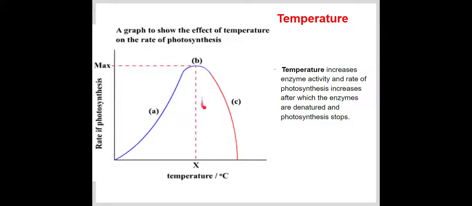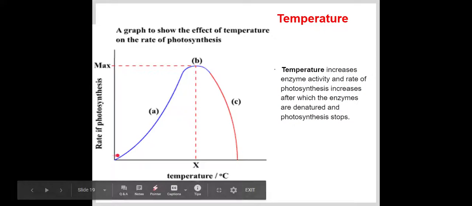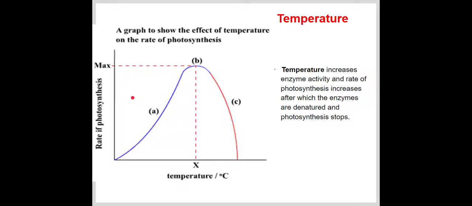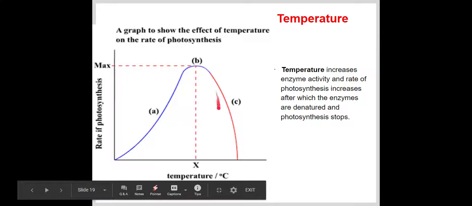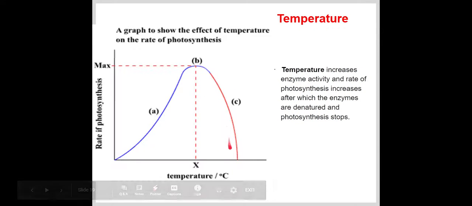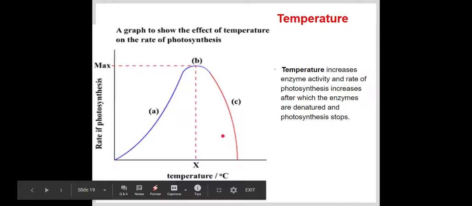It really depends. Anything too low, there is still photosynthesis taking place, but because of the lower temperature, there are fewer collisions. It's just particle theory, fewer collisions over time. Here we've got the enzymes being denatured and photosynthesis will stop.